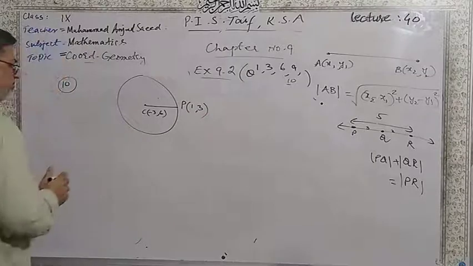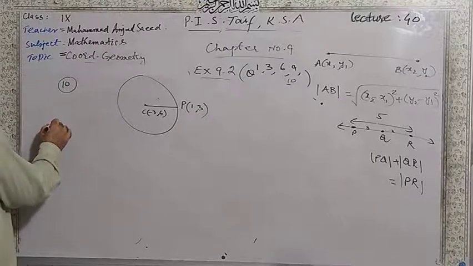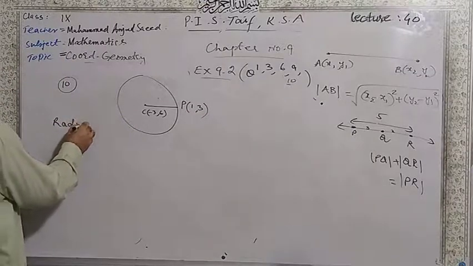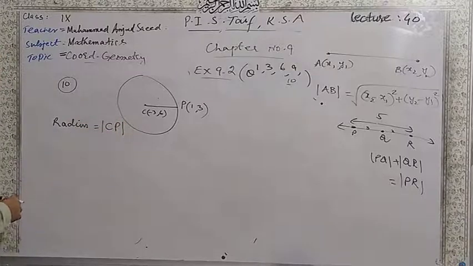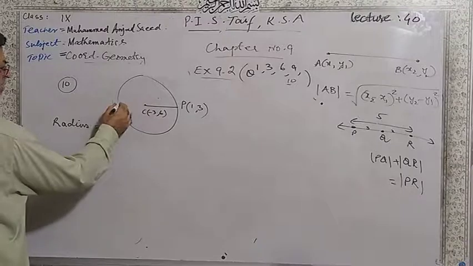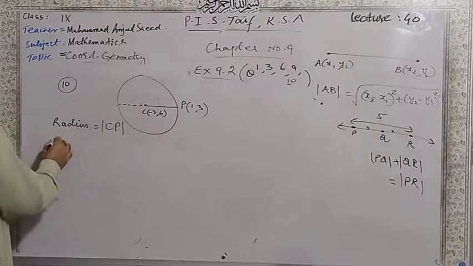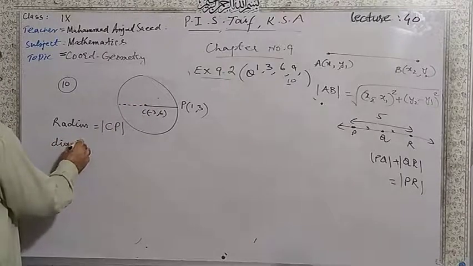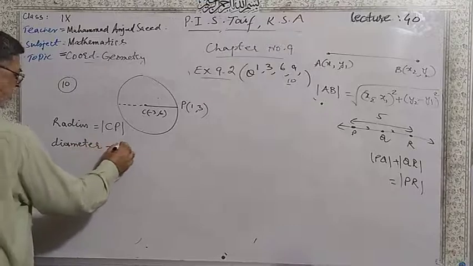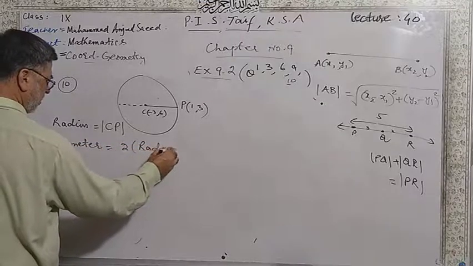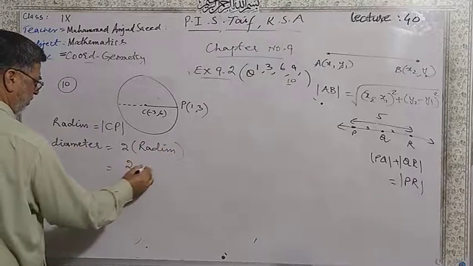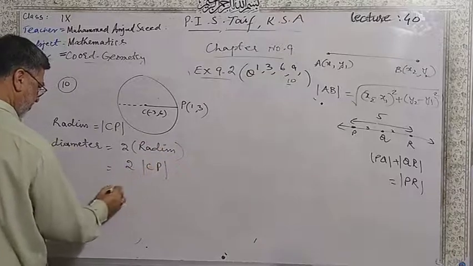You know that the radius is equal to CP. What is the diameter? Diameter is equal to 2 into radius, double of the radius, 2 into CP.